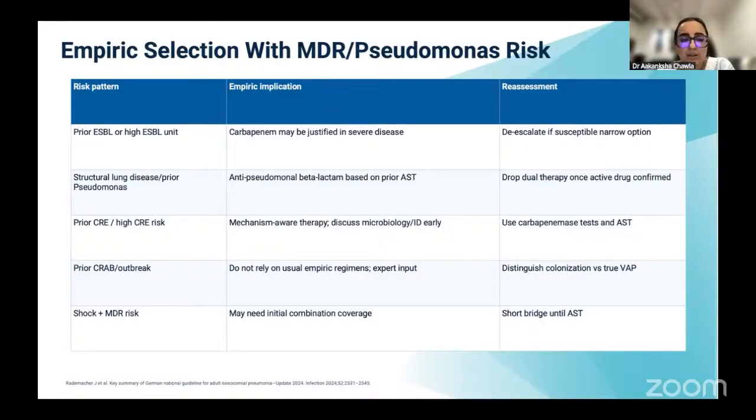Prior CRAB or outbreak, so you do not rely on empirical regimens. You distinguish in case of Acinetobacter, colonization versus true ventilator-associated pneumonia. A patient who's in shock with MDR risk, you may start initial combination coverage as a short bridge until your antibiotic susceptibility testing is available, and then subsequently decide your final therapy and plan treatment.